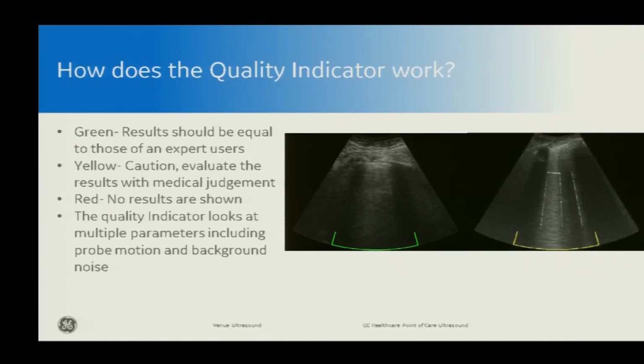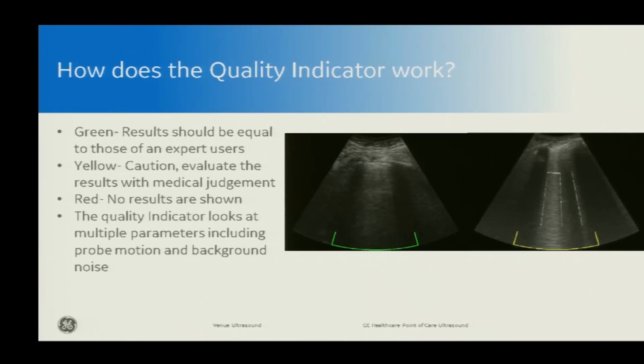If the quality indicator is green, then the results they're getting should be equal to those of an expert user. If the quality indicator is yellow, as you see in this right example, then it's telling the user that they should use those results with their medical judgment. In this case, it looks like good results, but you should still take them with a little bit of caution.